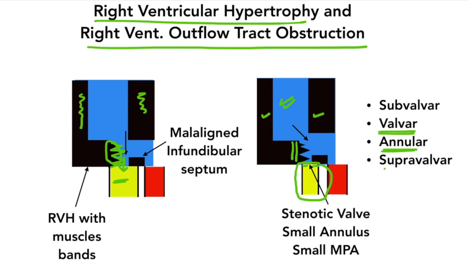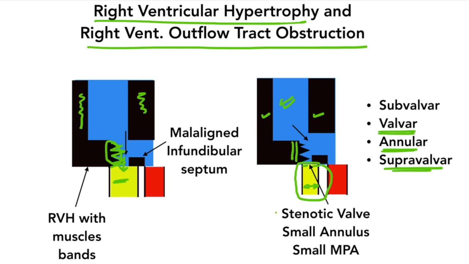Or supravalvular, that means the valve is functioning fine, the annulus is fine, but the main pulmonary artery or the branch pulmonary arteries, right and left, are small in size. A smaller artery will cause restriction or obstruction to the blood flow to the pulmonary circuit.